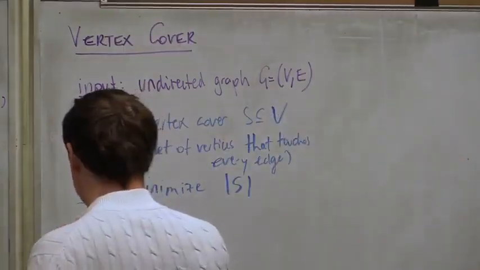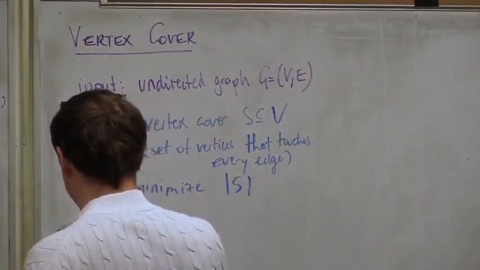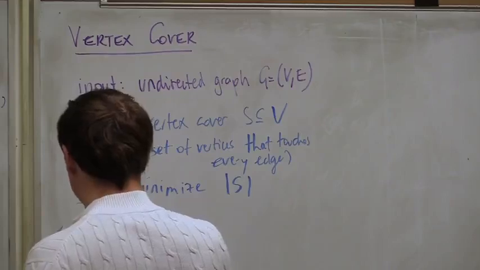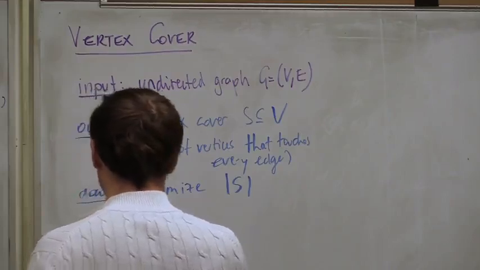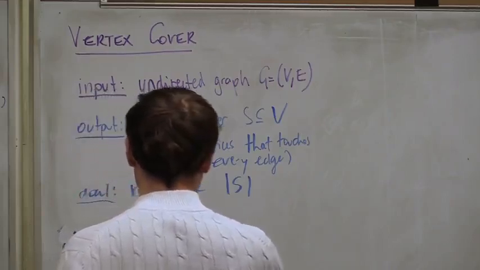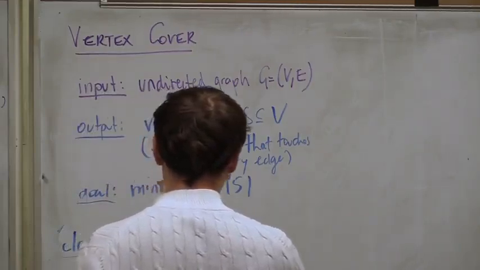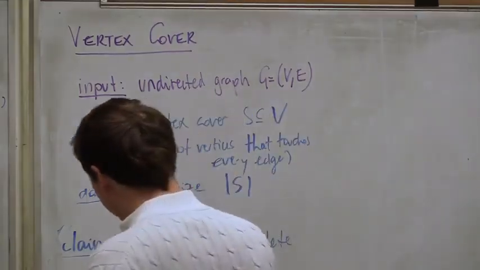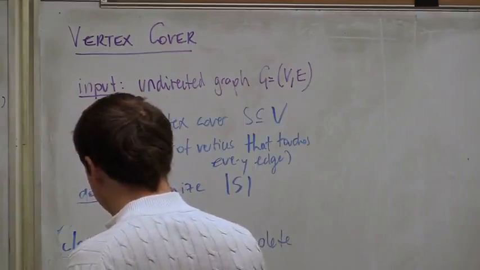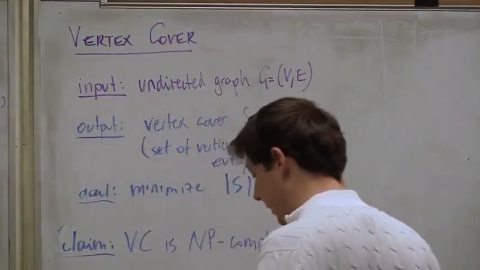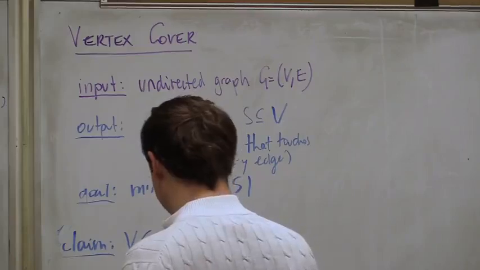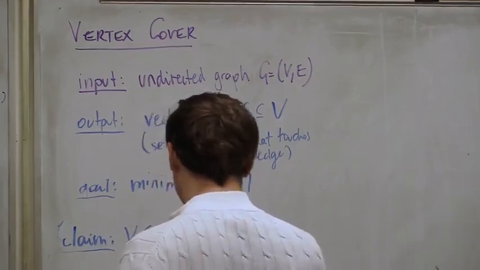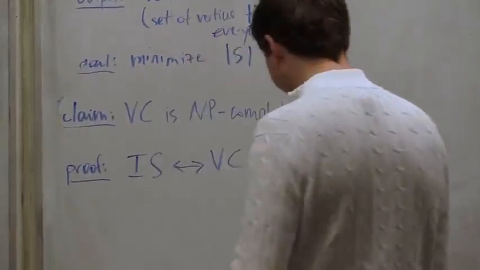So we're going to say, claim: vertex cover is actually NP-complete. The proof, which I'm not going to go through carefully, is just to realize that independent set and vertex cover are dual problems.